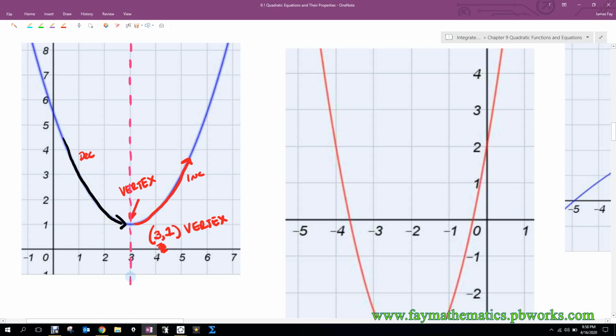That is the line that if we were to fold on it, this right-hand side will fall exactly on this left-hand side. If you remember how we write the equation of a vertical line, it is always x equals, because we're passing through the x-axis, and then the value that we pass through, so x equals 3. That's the equation of my axis of symmetry.